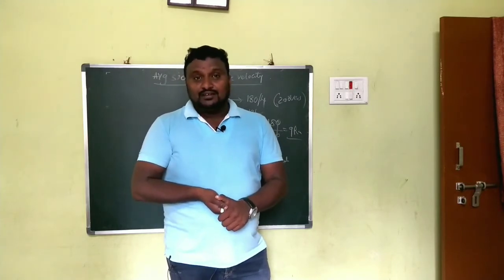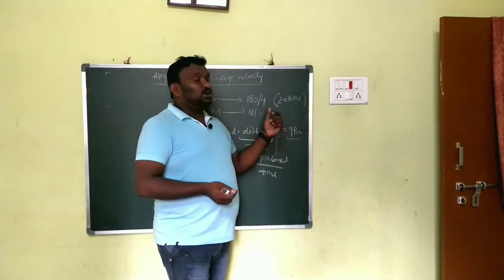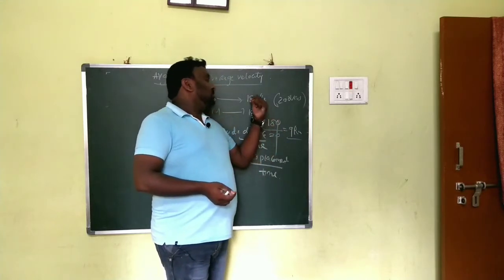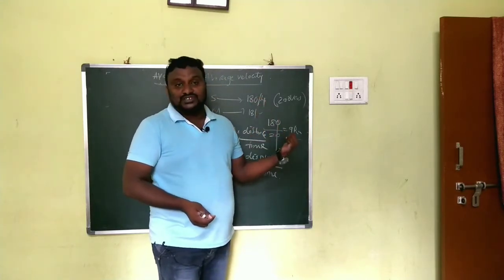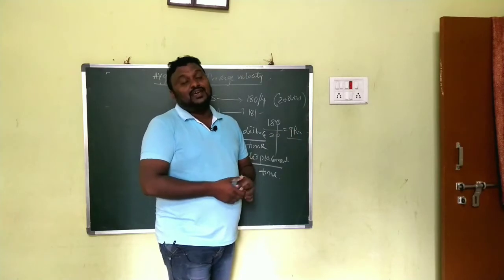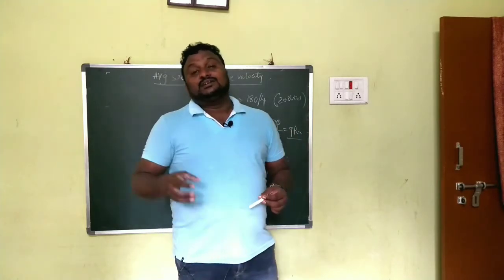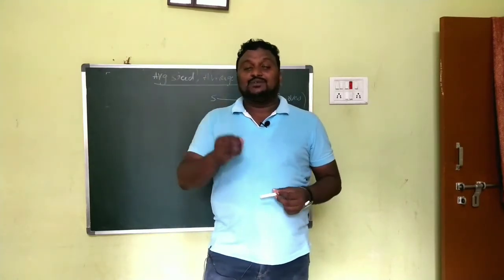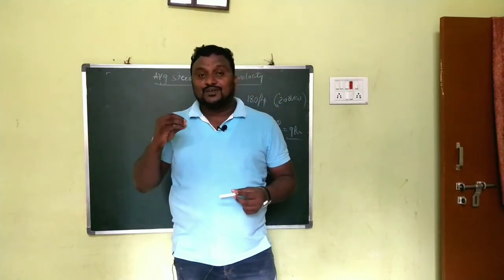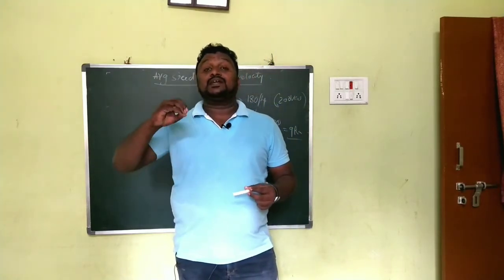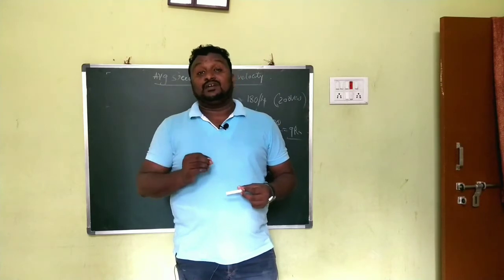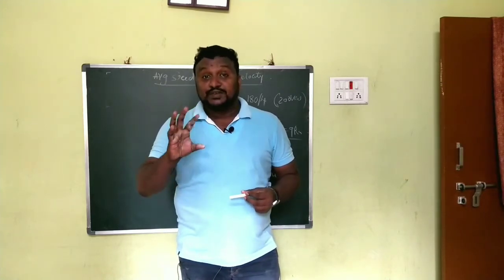Now, in the previous example, to get the run rate, what did we do? Total score by total number of overs. In the same manner, average speed is the total distance covered. The total distance covered by the body in a particular time interval is called average speed.